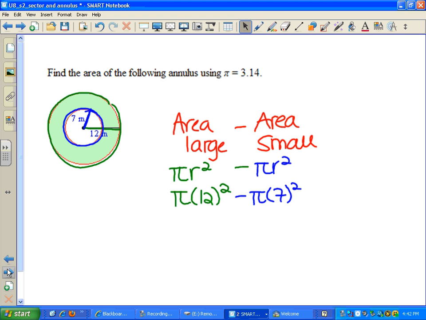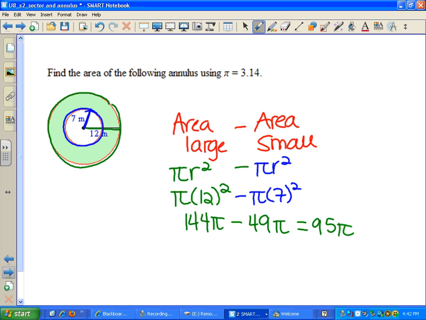So let's simplify this. We know 12 squared is 144. So I have 144 pi minus 7 squared is 49, and don't forget your pi. So now I have 144 minus 49. Well, that's going to give me 95, and I have to carry that pi with it.